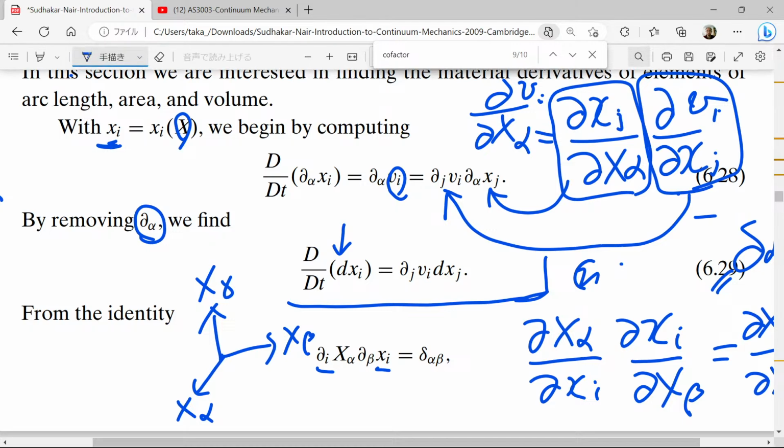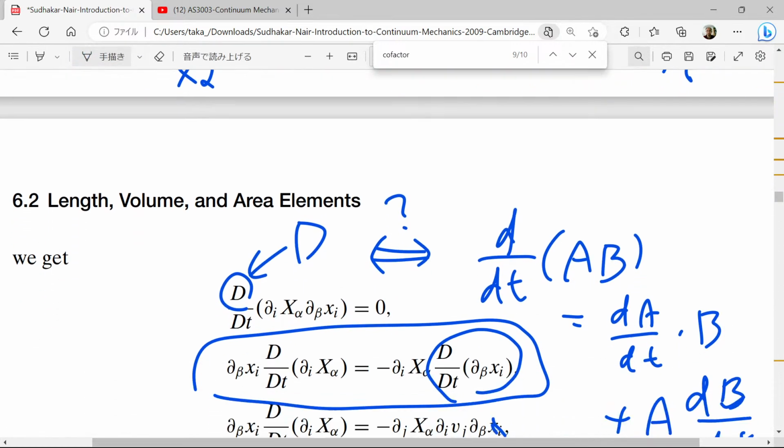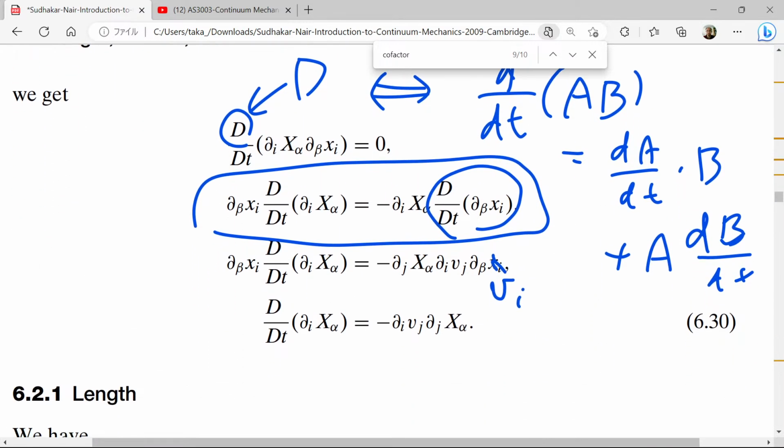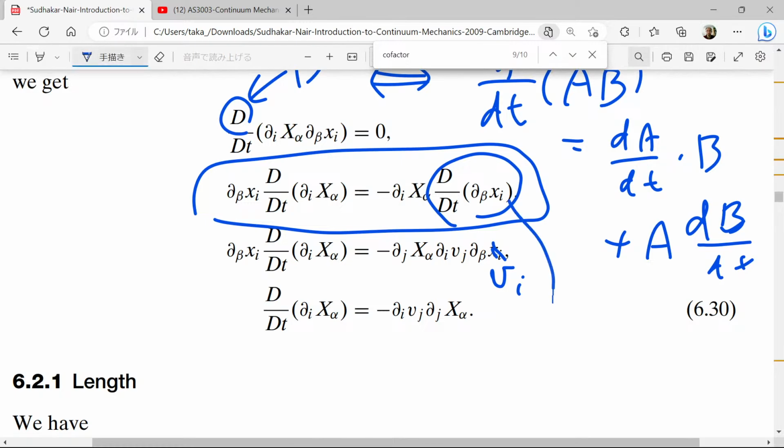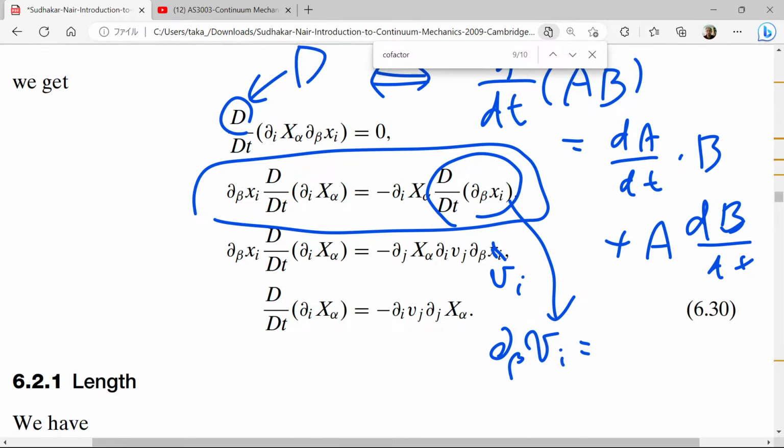So let's see. Here we obtain, first of all, this was changed. This one is actually partial beta vi, and this is equal to partial beta.